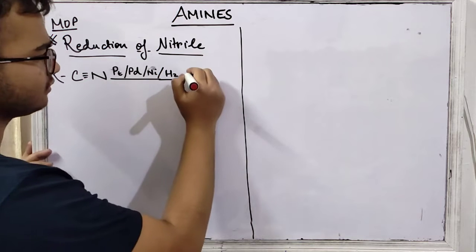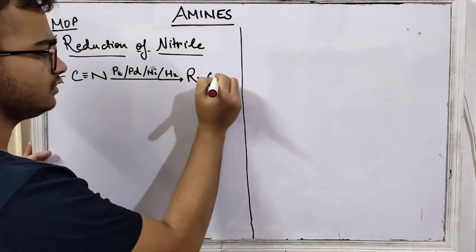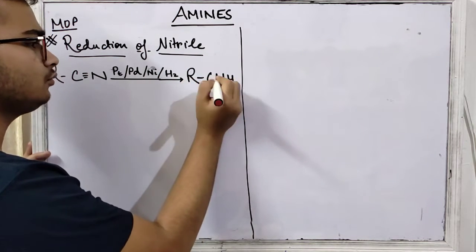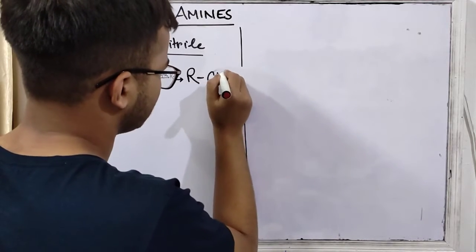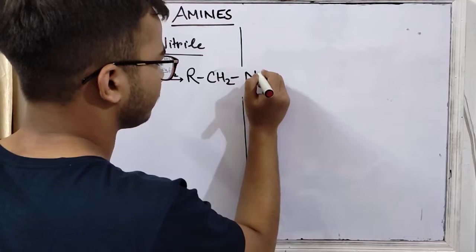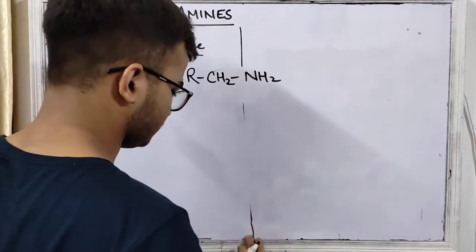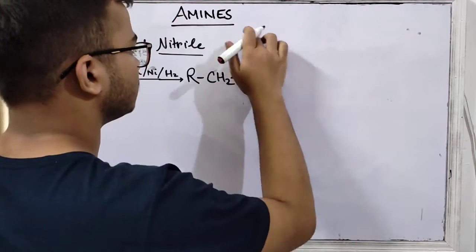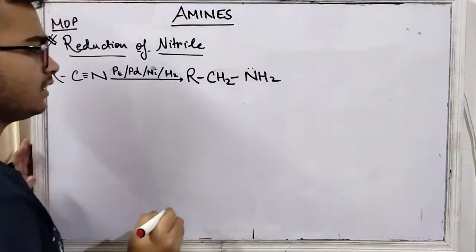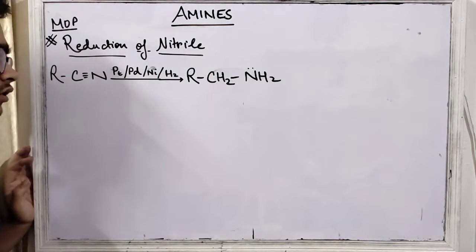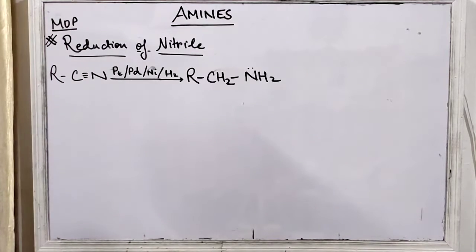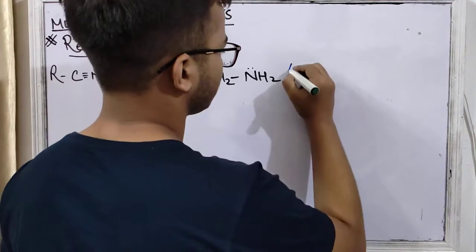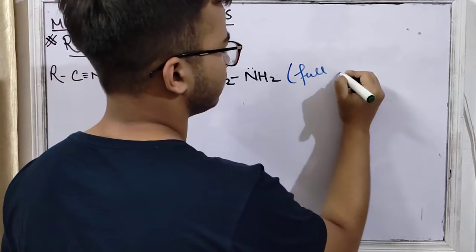RC triple bond N becomes RCH2NH2. So this is what you can call the full reduction product. So you can write it here, full reduction.